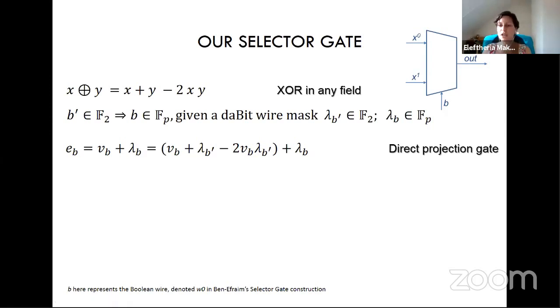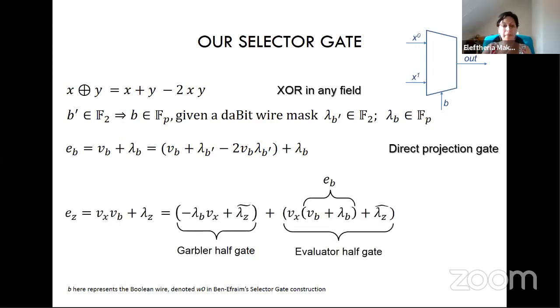Because now we don't need to have p possible values for the external value, but only one. The evaluator gets either lambda b or lambda b plus 1, but he doesn't know which one he got. And essentially afterwards, we simply do multiplication based on half gates.